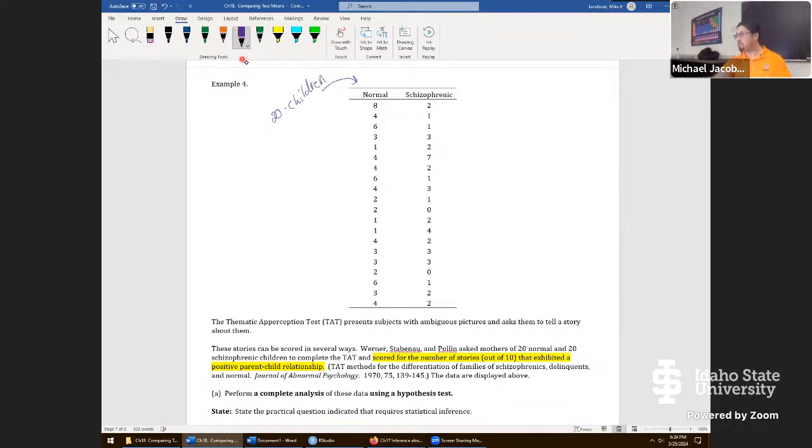This is a kind of a control, but I don't think controlled treatment is necessarily the right language. This wasn't a controlled experimental design. You can't assign a treatment of schizophrenic, in other words. So this was 20 children as well. Let's say 20 different children.